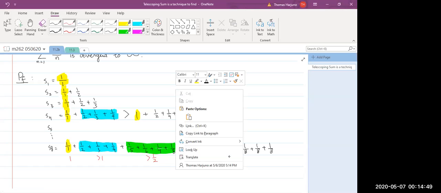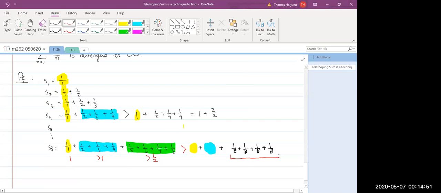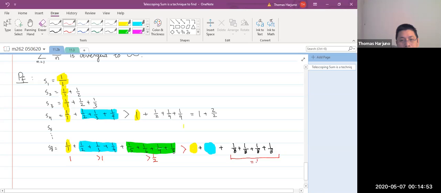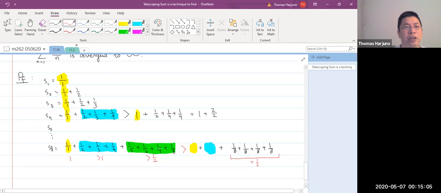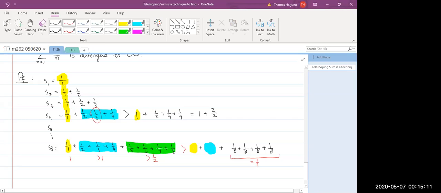Partner, can I ask a quick question? Okay, so the S4 line, I don't get what happened after the greater than sign. I changed the 1/3 and 1/4. I changed this guy here. 1/3 is greater than 1/4, right?